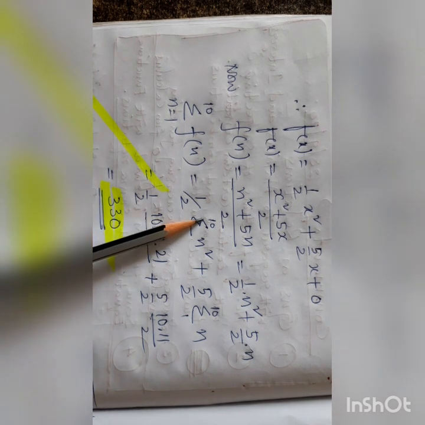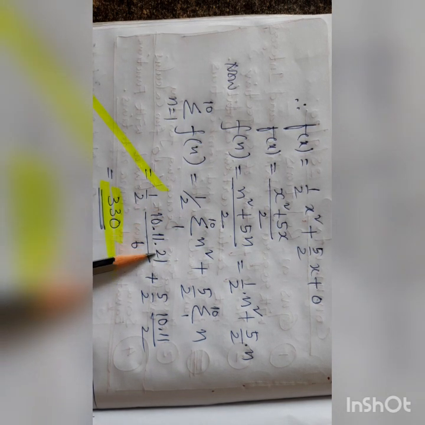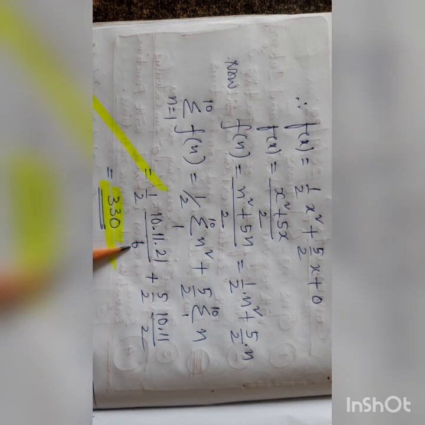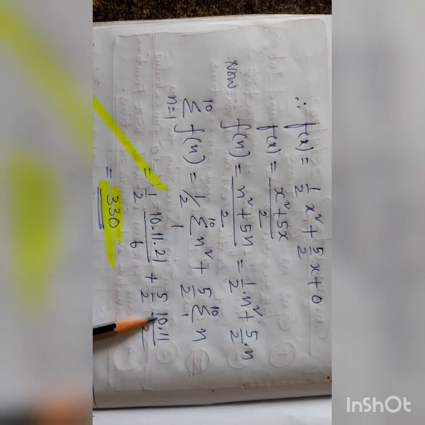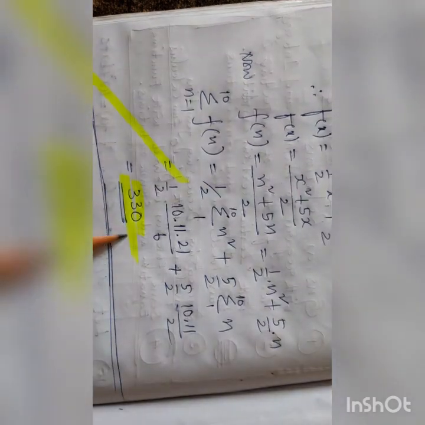What is n? 10, the highest. n into n plus 1 is 10 into 11, 2n plus 1 is 21. So 10, 11, 21 by 6, plus 5 by 2 into n into n plus 1 by 2, that is 10 into 11 by 2. If you simplify it, you get 330.